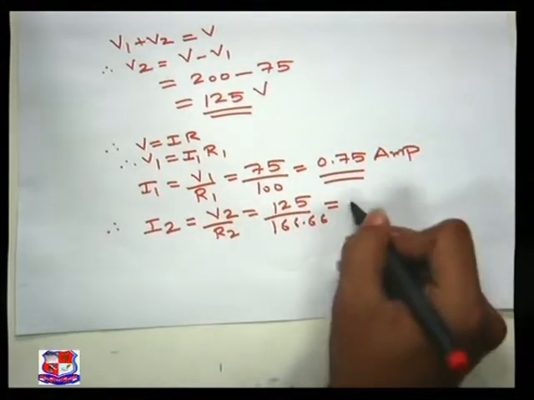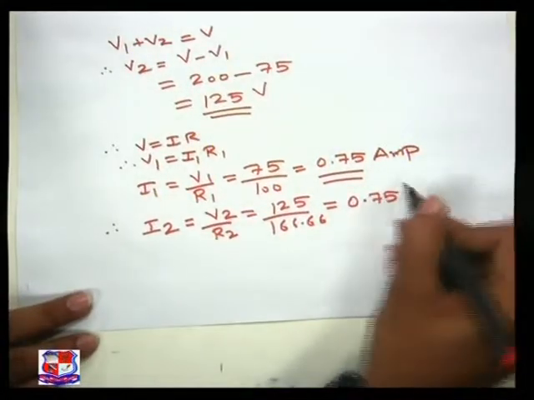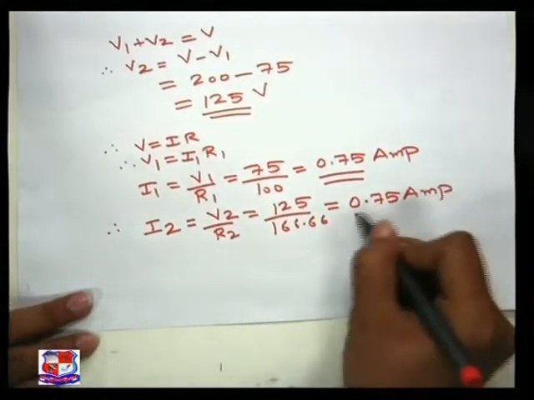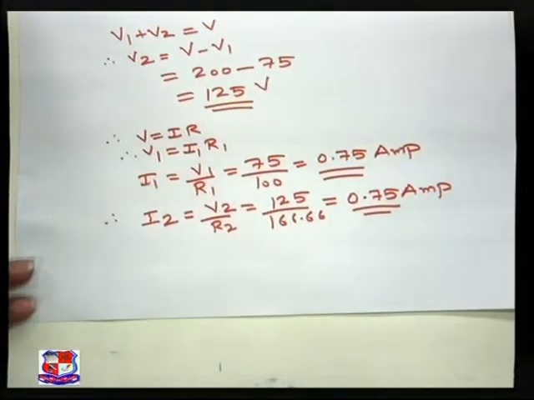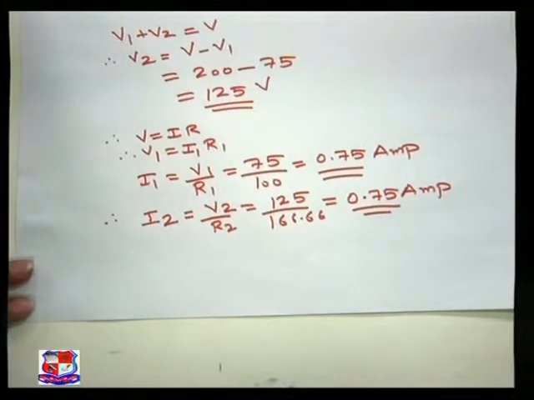So it is 0.75 amperes. I1 and I2 both are 0.75, because the lamps are connected in series, the current will be the same.